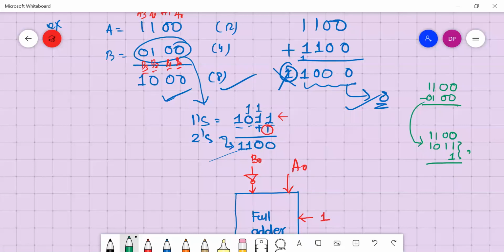This together is the 2's complement of this number. So if you add this, how much are you getting? 0 plus 1 plus 1. Three bits are there, you can carefully see. This one I have taken as the previous carry. Okay, 0, 1. This is 0, this is 1.